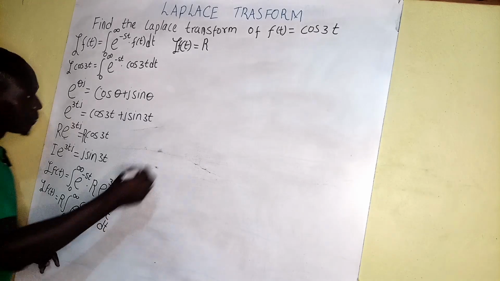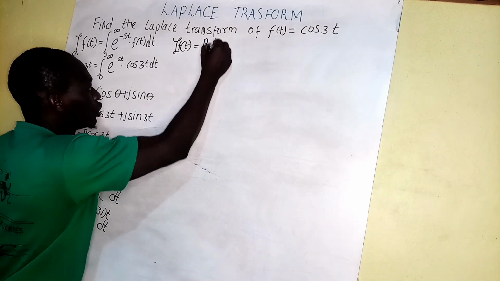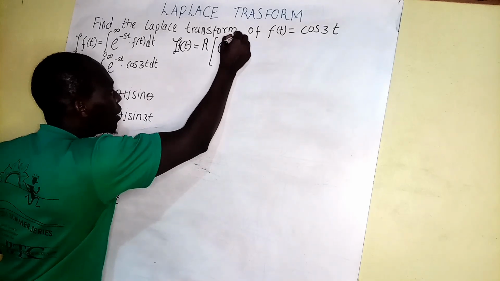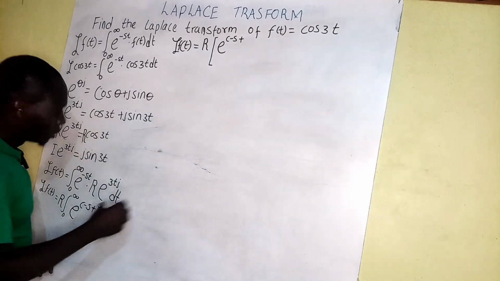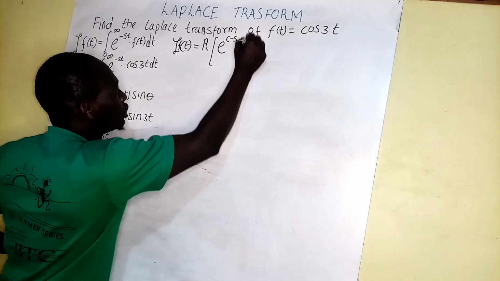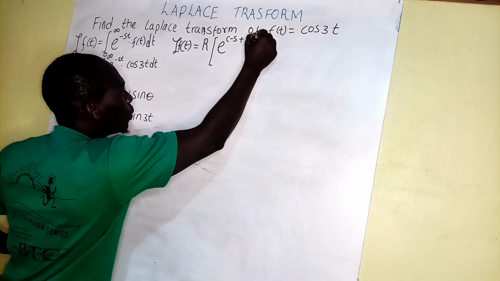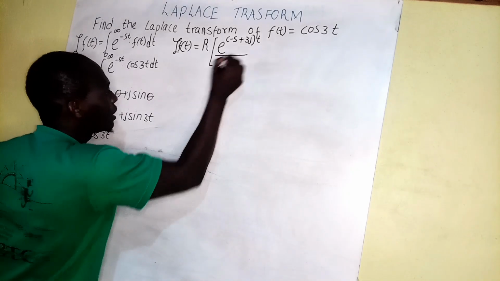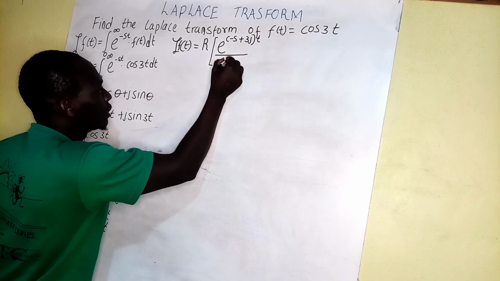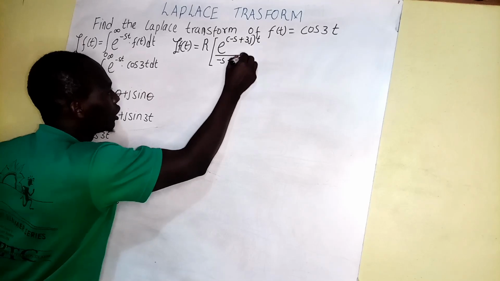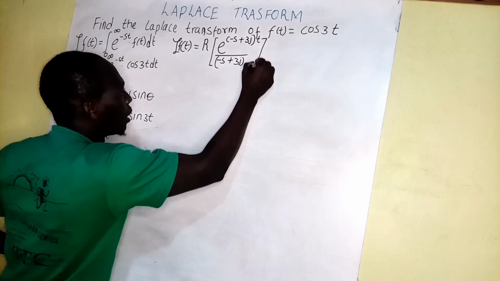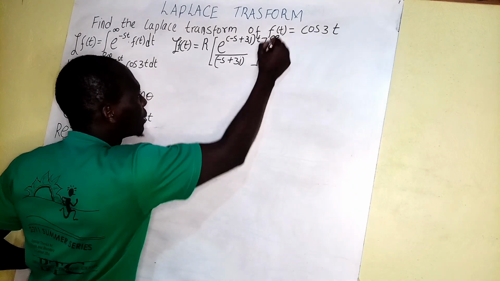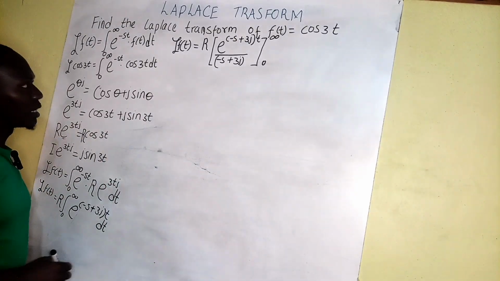R into exponential negative s plus 3j times t, and since we are integrating, we are going to have negative s plus 3j as the denominator, and then we are going to have our limits, the upper limit and the lower limit.